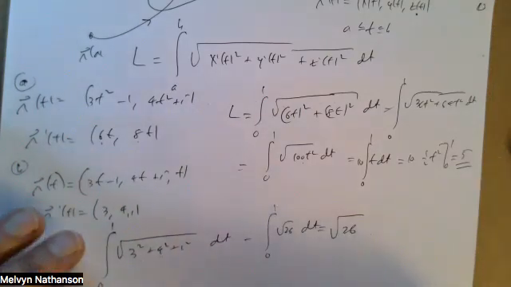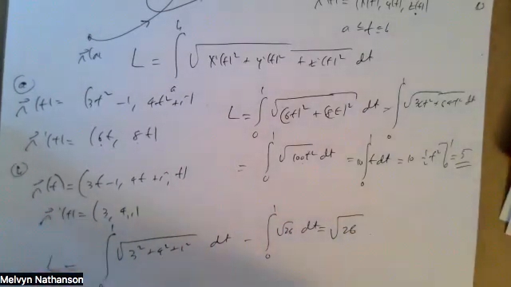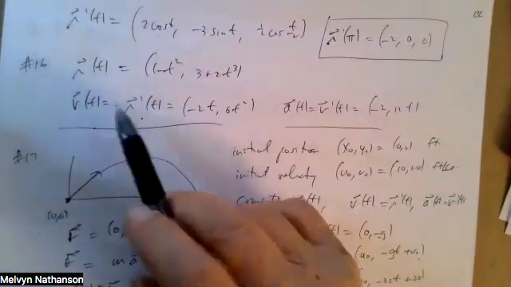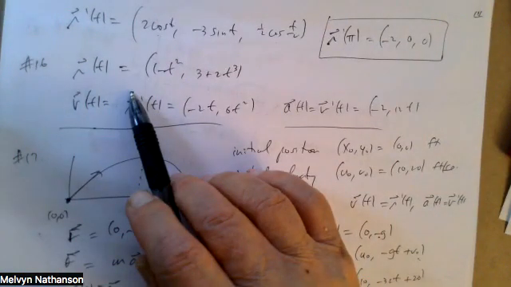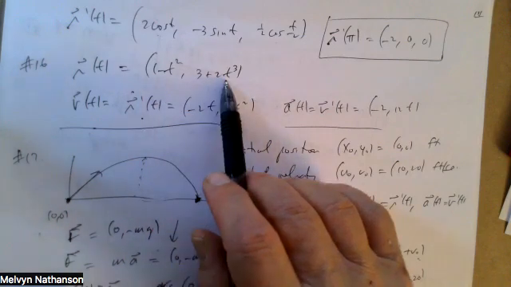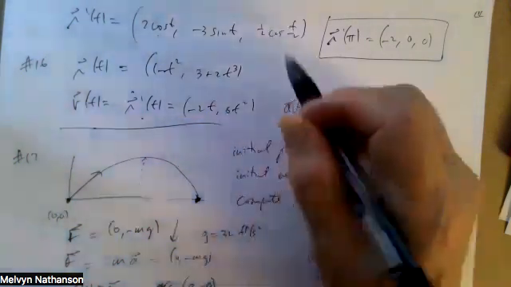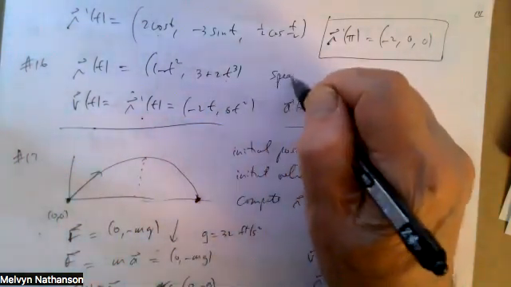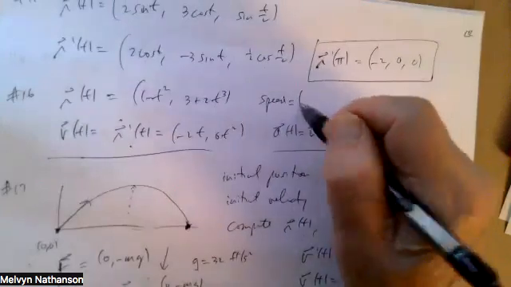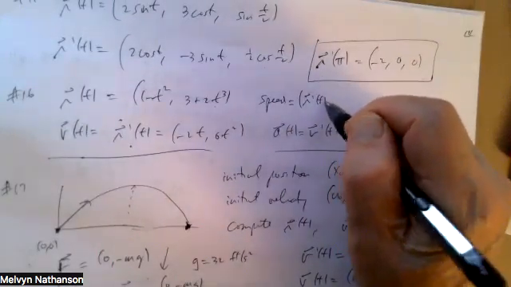Oh, let's see. Let me go back and find number 16. Oh, sorry. So in number 16, R of t is 1 minus t squared, 3 plus 2t cubed. The velocity is minus 2t, 6t squared. Speed is the absolute value, it's the length of the velocity.